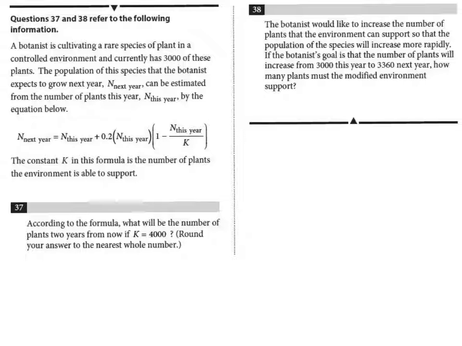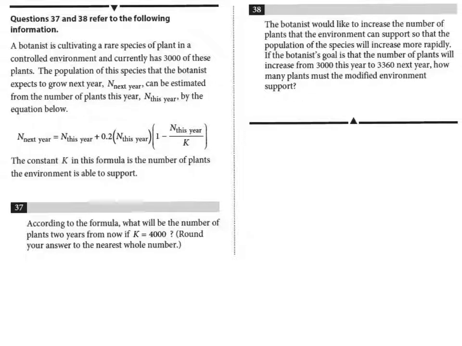For 37, according to the formula, what will the number of plants be 2 years from now if k equals 4,000? The population max is 4,000. Round your answer to the nearest whole number.